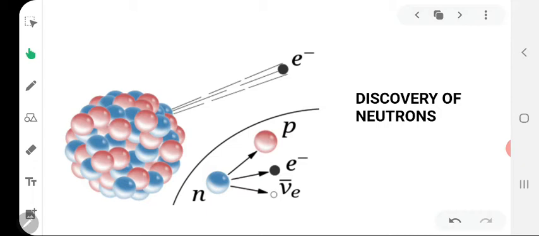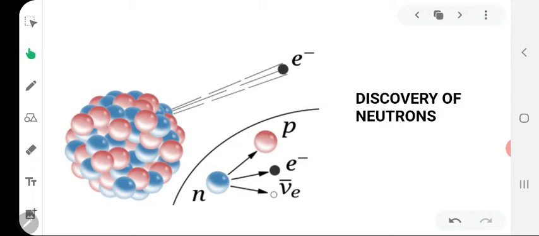For example, the element helium has 2 protons in the nucleus of its atom, and there are 2 electrons in its extranuclear portion. Therefore, the mass of the helium atom must be twice the mass of the proton, but its mass was actually 4 times the mass of a proton. To solve this problem, Rutherford predicted that the presence of some neutral particles in the nucleus of the atom is a must.